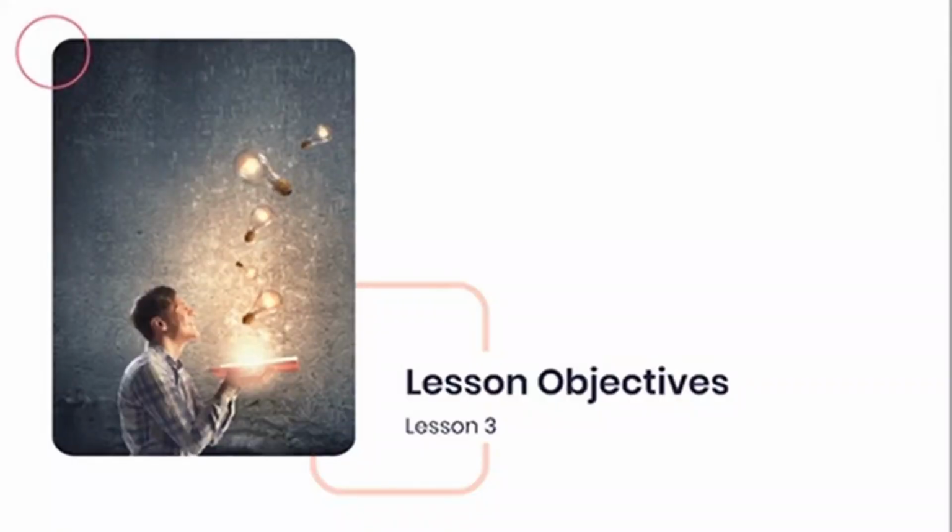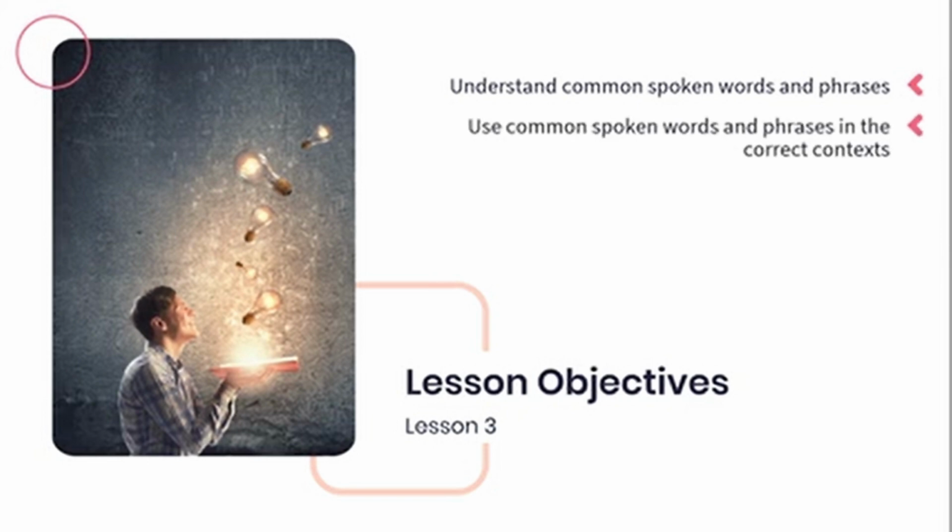About conversations. If you want to sound more natural when you speak, there are some simple words and phrases you can say to take your fluency to the next level. In this lesson, you will learn about some of these common words and phrases. You will also learn how to use these in the correct contexts.